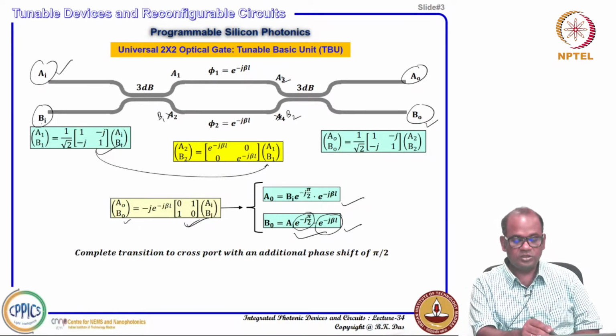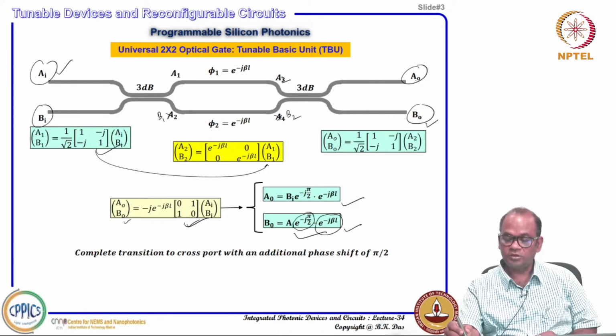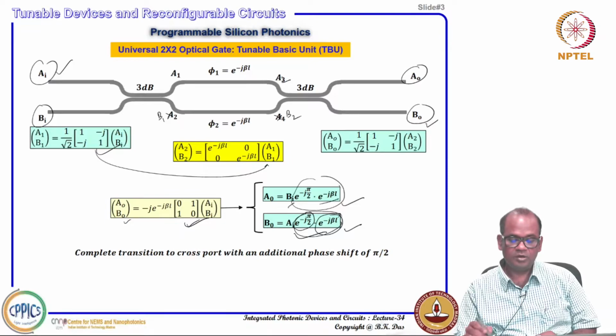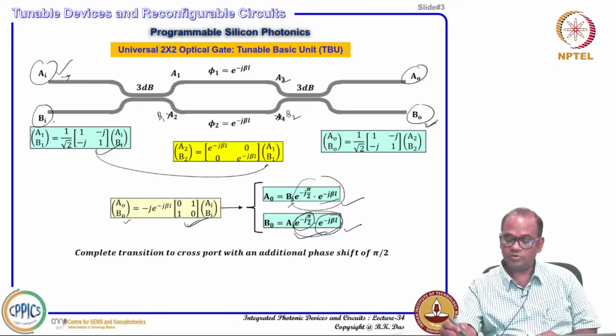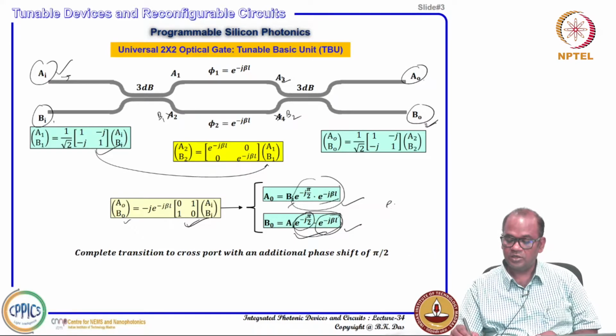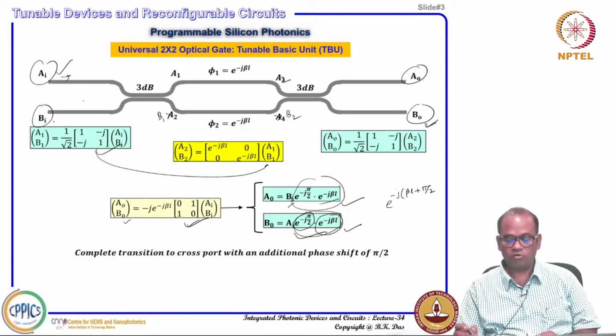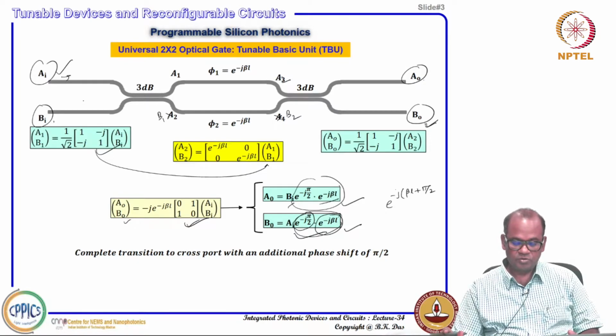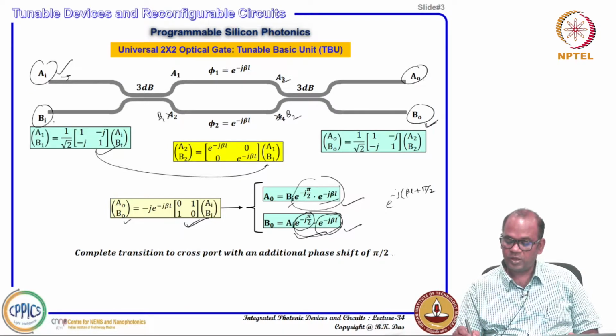Similarly, whatever you are launching as B I will appear in the cross port as A 0, with additional things. So, both of them will be in phase basically. If you launch here, whatever phase you get here, you will get the same phase if you launch here also. Basically, the propagation through this arm length gives the phase e to the power minus j, you can say, beta L plus pi by 2, that is the phase you will be getting, but it will appear in the cross port, that we have discussed earlier. So, we conclude that complete transition to the cross port with an additional phase shift of pi by 2.